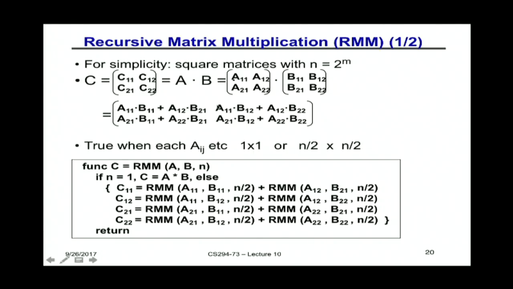You just add and multiply each block like this. But then each block you can still do recursively. So how many multiplications do you have? 1, 2, 3, 4, 8 multiplications, and then 4 additions. You do this recursively until you get down to 1 element or several elements.